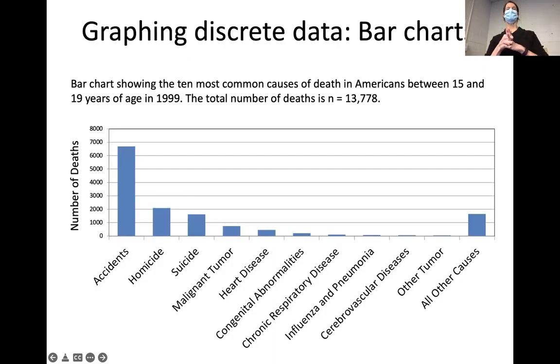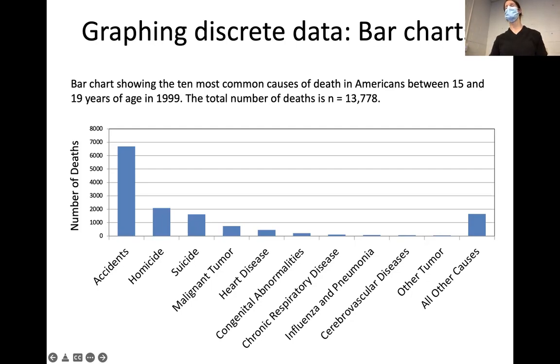So if we're going to graph discrete data or that categorical data, it might look something like this. Along the x-axis, you usually have categories. This is bleak data. Sorry, I should probably change the information I have here, but 10 most common causes of death. So along the bottom, you have different categories that you put them in, right? It's not like you have a continuous number line along the bottom.